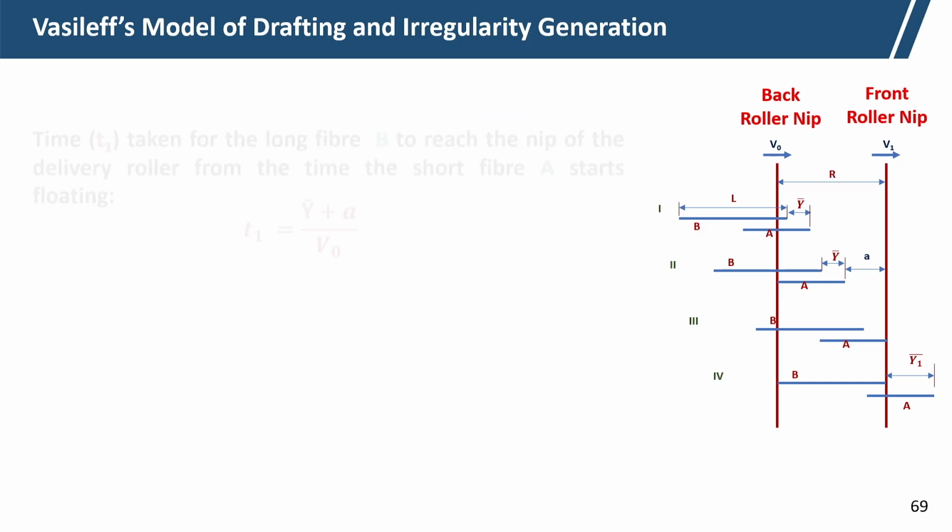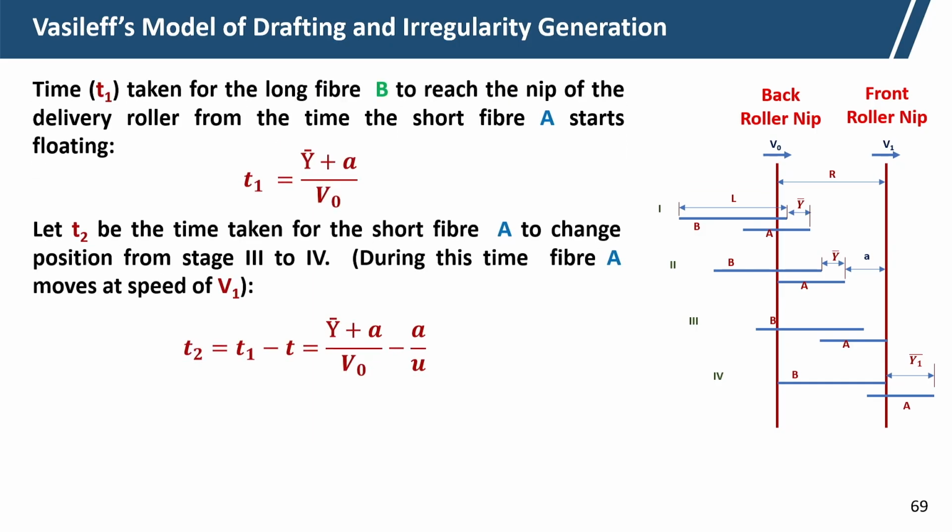Now, let t2 be the time taken for the short fiber A to change position from stage 3 to stage 4.